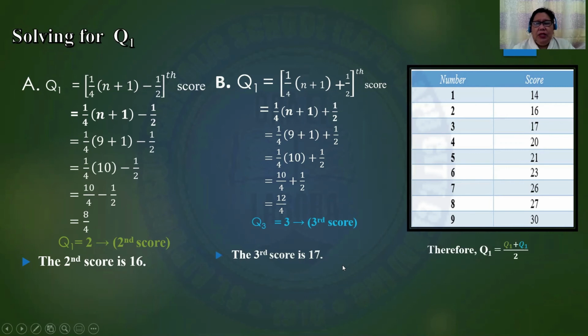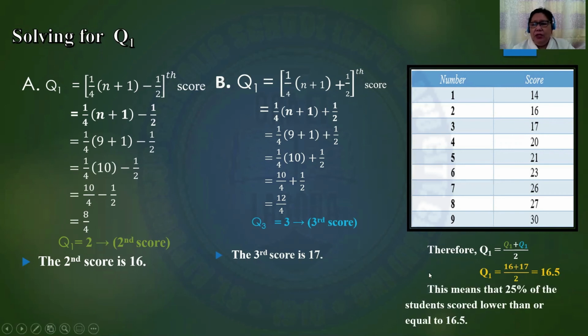And we need to take the mean or the average. Solving for the mean or the average, we need to add the two results, then divide it by 2. So we have 16 plus 17 over 2, that is equivalent to 16.5. This will mean that 25% of the students scored lower than or equal to 16.5.